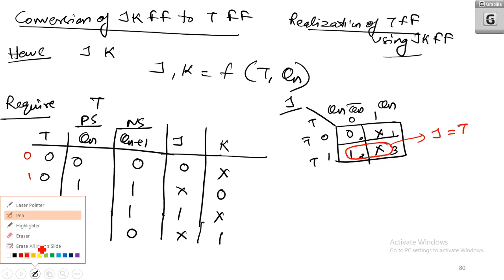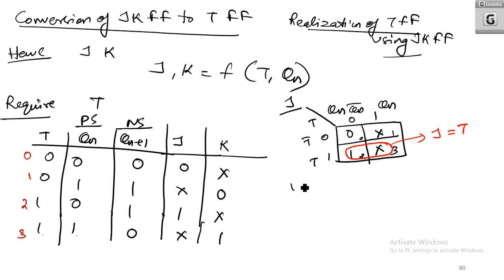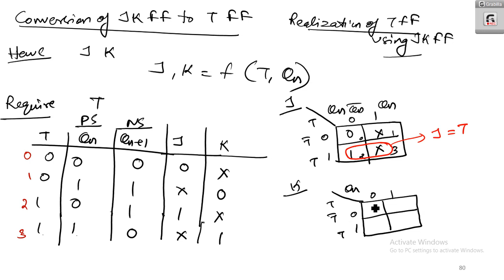Now I am going to derive the expression for K. So I am having T and Qn, and this is 0, 1, 0, 1, T bar, T, Qn bar, Qn.